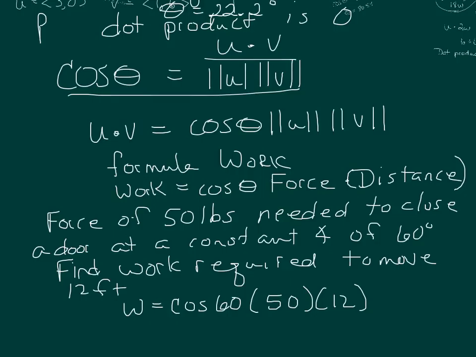We know that the cosine of 60 is 1/2, so we would have 1/2 of 50 times 12. 6 times 50 is 300, and we call this foot-pounds. Again, that's a physics term. I'm not sure why somebody decided to measure it that way, but it's in foot-pounds.